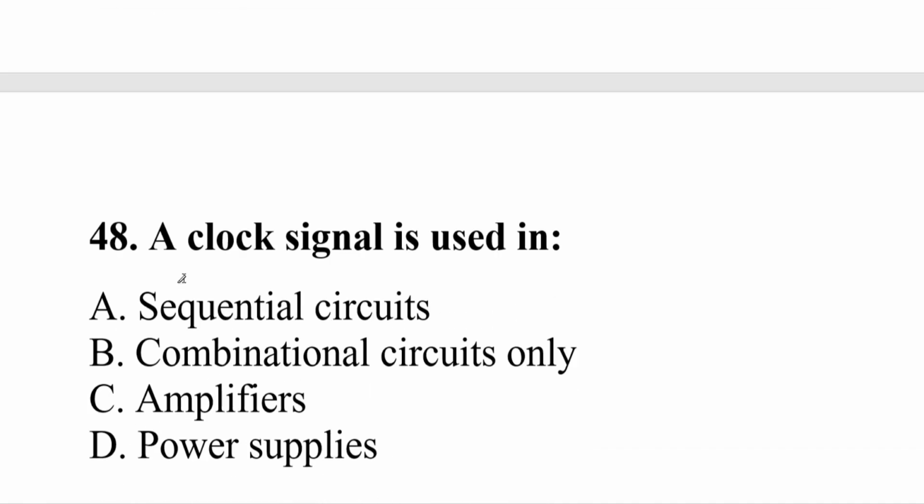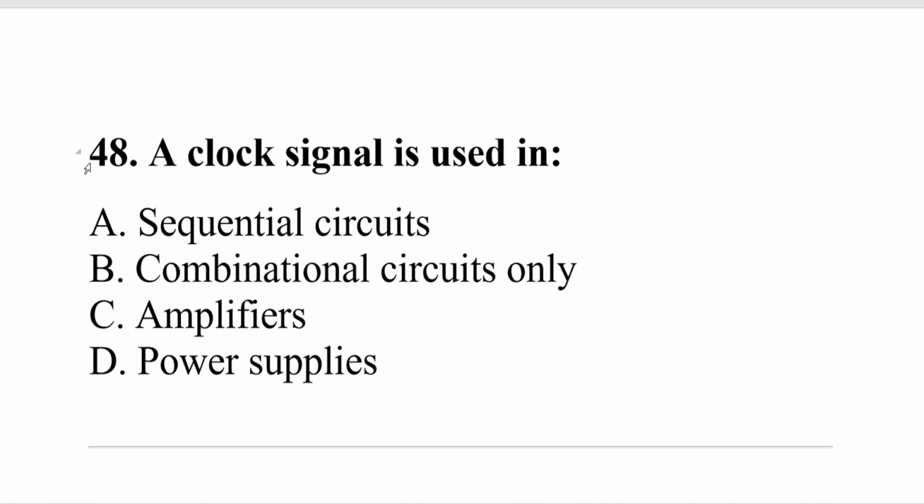Moving ahead to question number 48. A clock signal is used in option A sequential circuit, B combinational circuits only, C amplifier, D power supply, and the correct answer is option number A, that is sequential circuit.